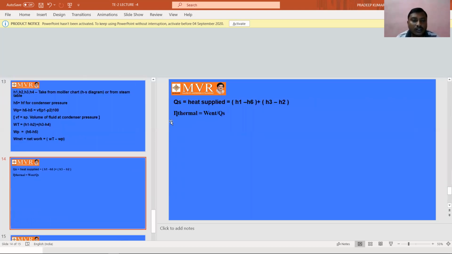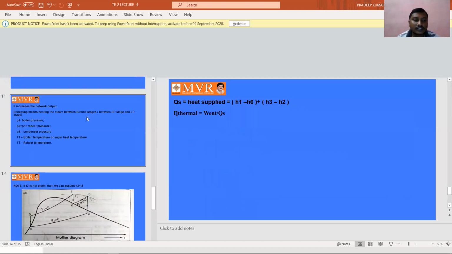The total heat supplied is H1 minus H6, the heat supplied from 6 to 1, plus H3 minus H2.